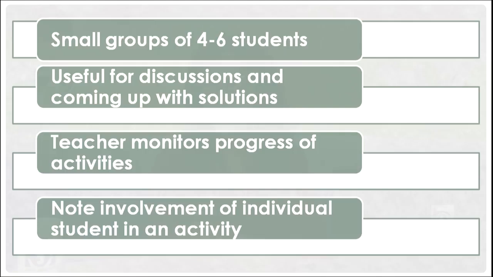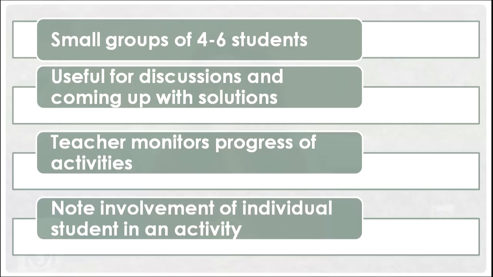Now the teacher in this kind of classroom, as I said, will be moving around. It is important because you are going to monitor the progress of these activities. How is it that the task you have given to the students, or the task that the children have decided themselves, is progressing? So the teacher is monitoring. You move around the class, you observe different groups and you monitor them.